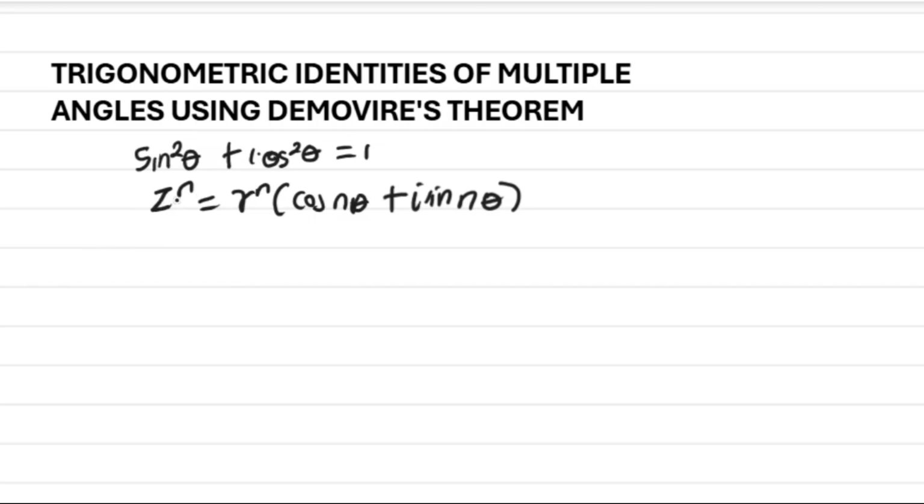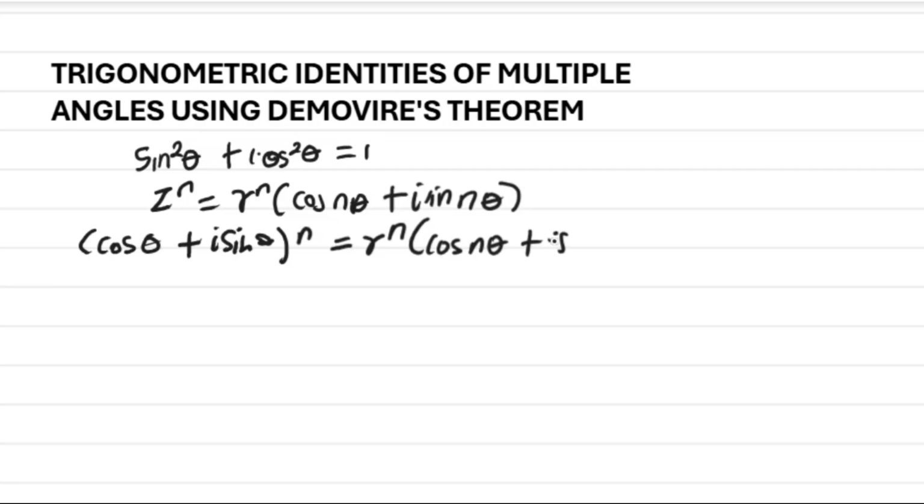So it means that instead of writing z raised to n, I will now write cos theta plus I sine theta raised to n is equal to r raised to n into cos n theta plus I sine n theta.